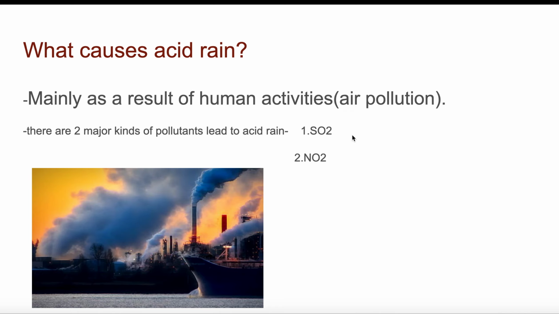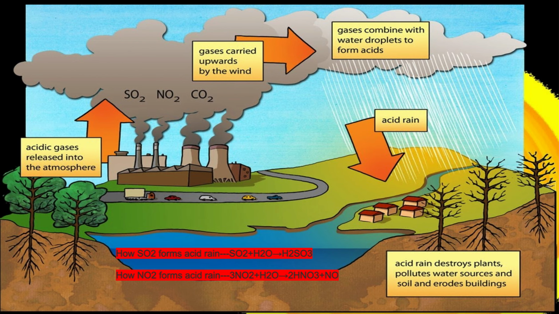The first one is sulfur dioxide, which is usually released by factories and automobiles through the burning of fossil fuels. And the second one is nitrogen dioxide, which is also usually released by cars or factories through the burning of fossil fuels. So burning fuels is really harmful for our environment.